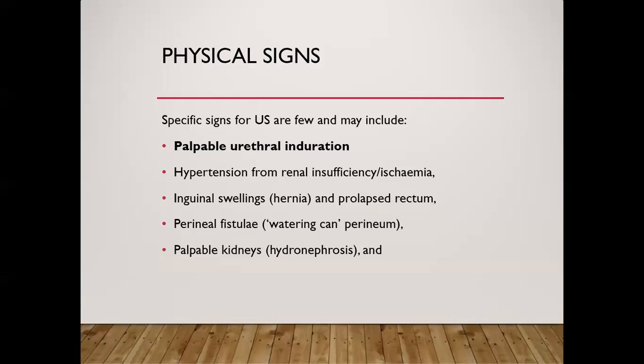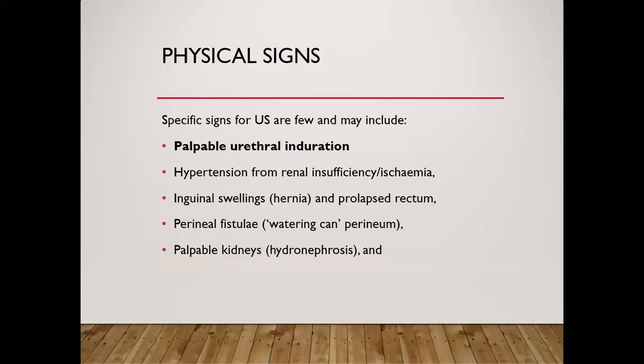These patients may also have hypertension, because we know that if these strictures are not treated, then you have incomplete bladder emptying. Finally, you may have hydroureters and hydronephrosis. And of course, when you reach those stages, then the kidneys may be affected. And renal insufficiency, we know that will lead to hypertension.